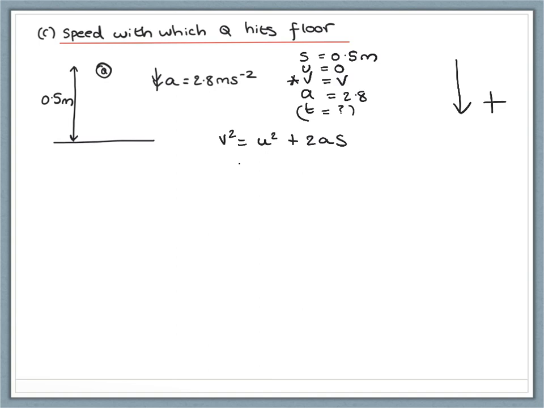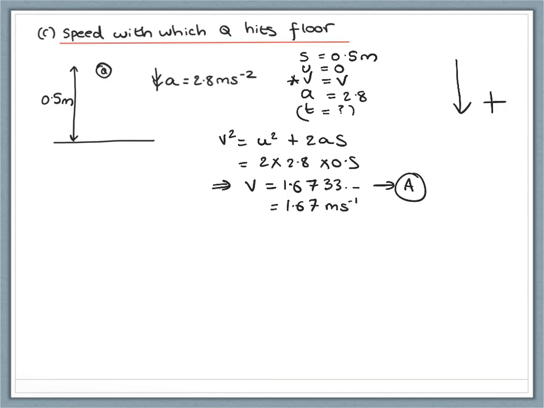So this then gives us 2 multiplied by 2.8 multiplied by 0.5, and from here we can simply work out the velocity, which comes to a value of 1.6733... I'm going to store that in a calculator memory and write down which one I've stored it in. So that is part 3, or part C, complete.